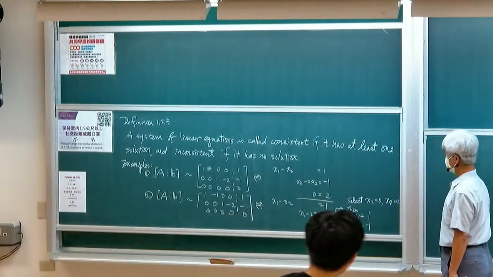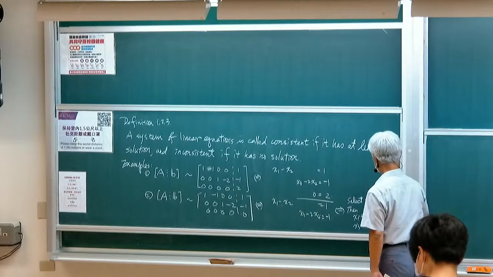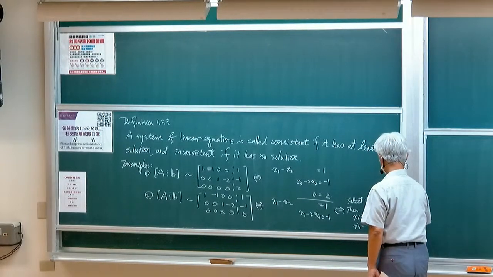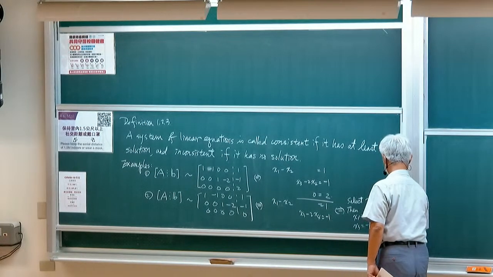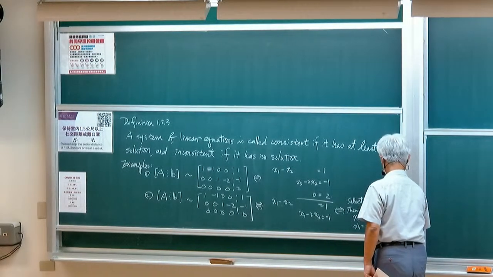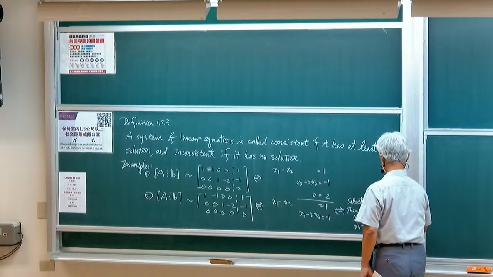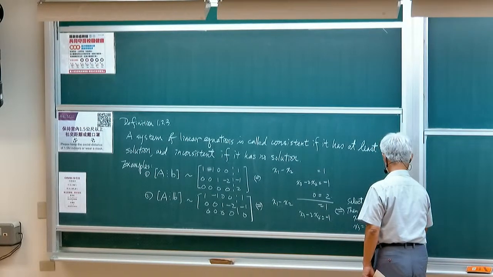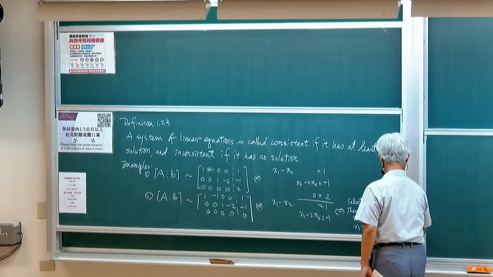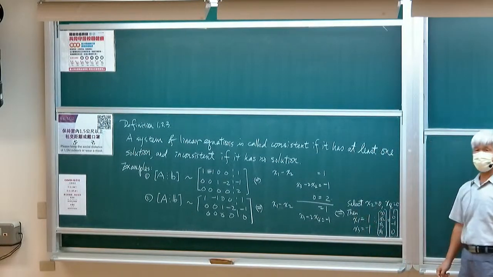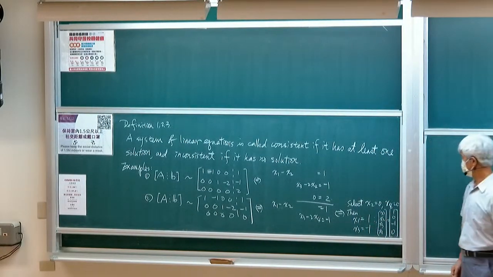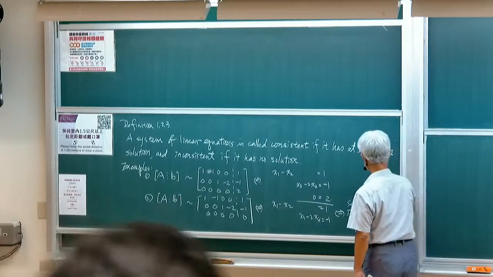So (1, 0, -1, 0), right? It's a solution.